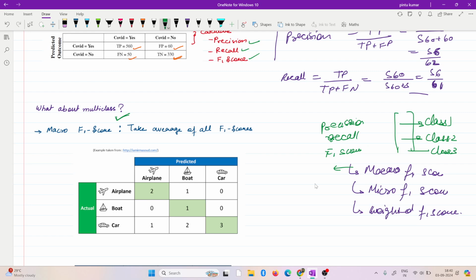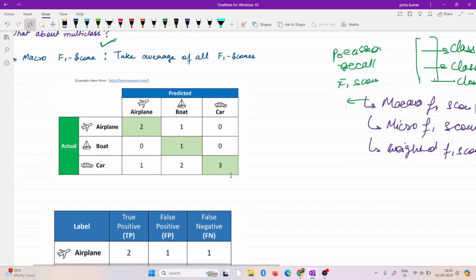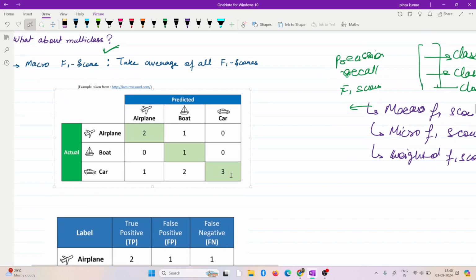Let me take an example. This example I have taken from a website. Let's say there are three classes: airplane, boat, and car. Now again, this is reverse to what we assumed, so we have one row corresponding to actual label and a column corresponding to predicted label.